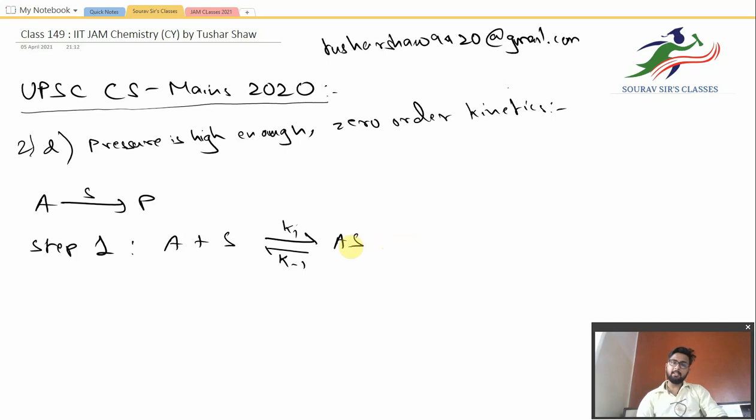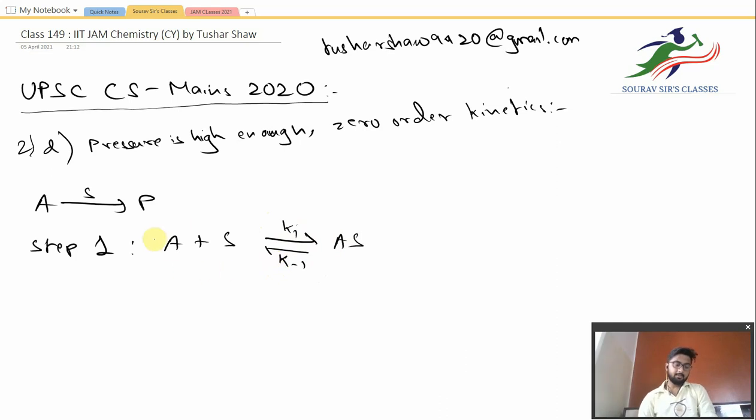What is AS? The substrate and surface complex, that is, the compound A and the surface combine to form the complex, A getting attached on the surface. This complex has the forward reaction rate K1 and the backward reaction rate K minus 1.